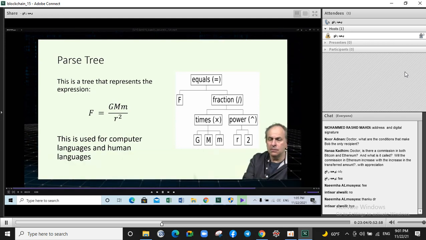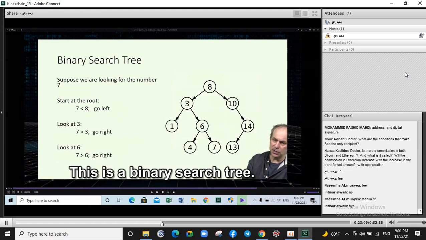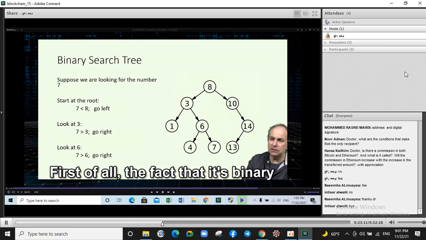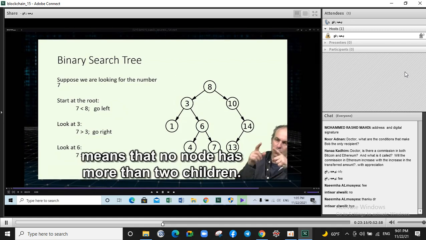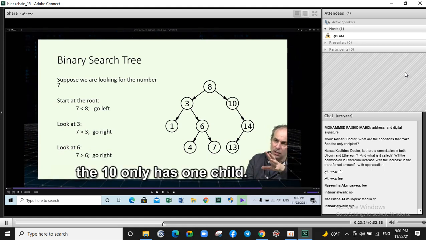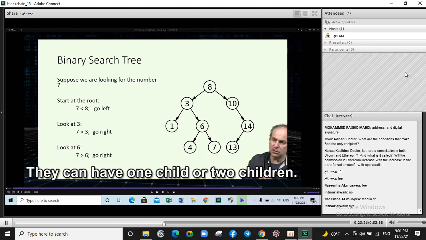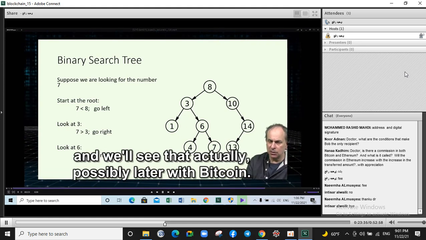Okay, this is a binary search tree. First of all, the fact that it's binary means that no node has more than 2 children. So the top node has 2 children, the 3 has 2 children, the 10 only has 1 child, right? So a node can have 1 child or 2 children. Sometimes, for some things, you actually try to balance things, and we'll see that possibly later with Bitcoin.